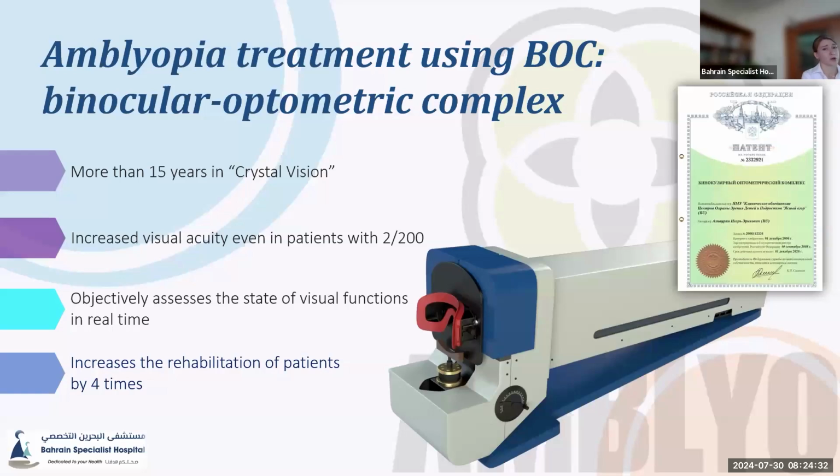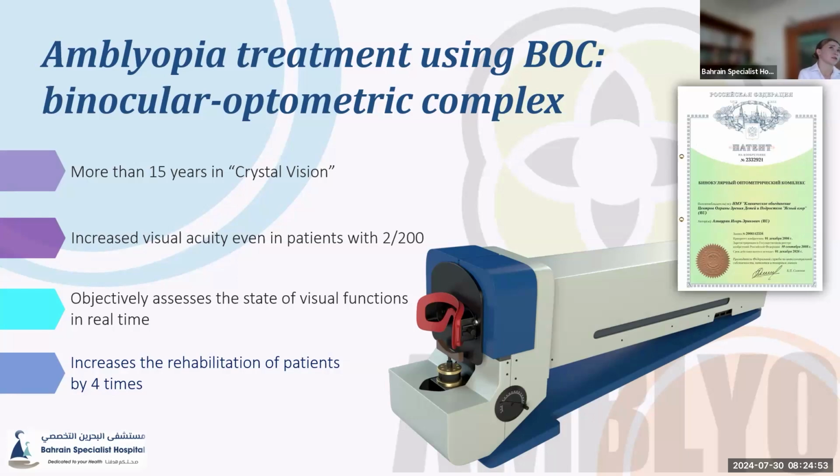Also, I want to tell you about the development of our professor Igor Znevyan, which is called the binocular optometric complex, or BOC for short. We have used it for more than 15 years in Crystal Vision.